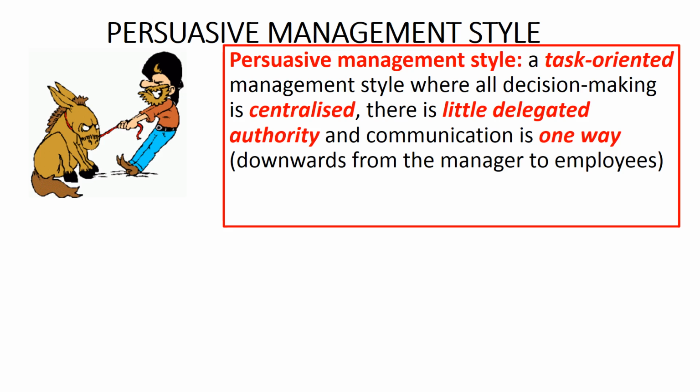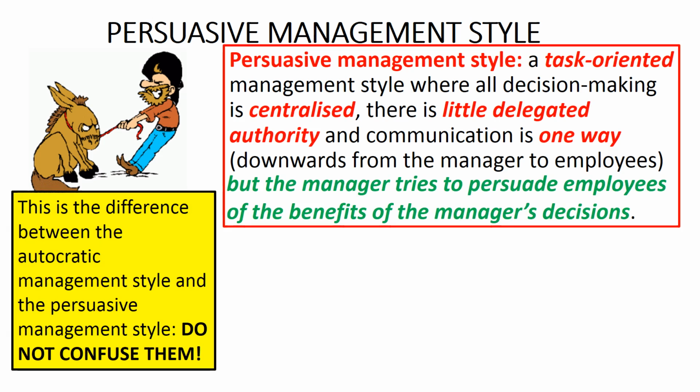So far, this definition is exactly the same as the definition of the autocratic management style. But in the case of the persuasive management style, the manager tries to persuade employees of the benefits of the manager's decisions. And this is the key difference between the autocratic management style and the persuasive management style.